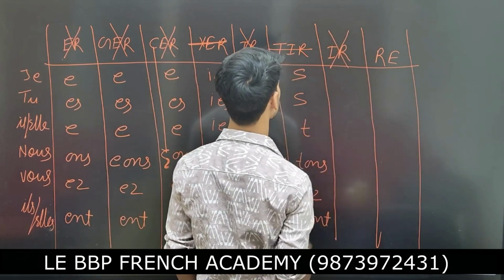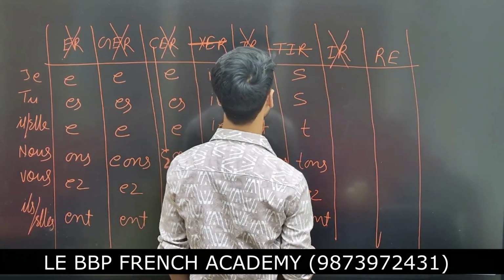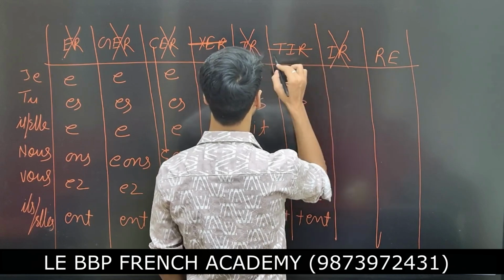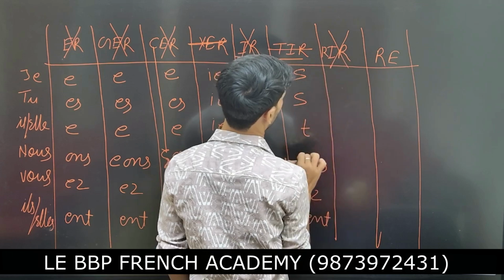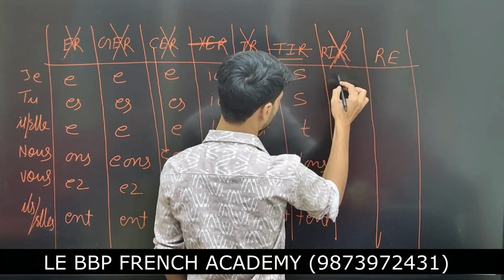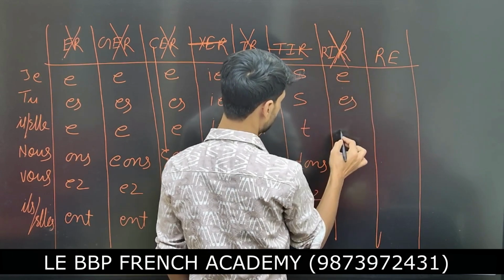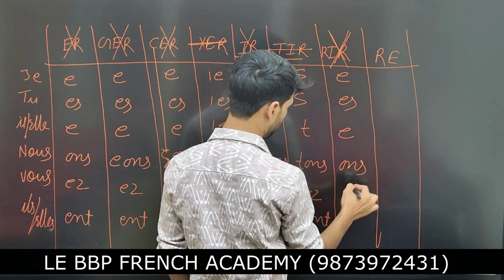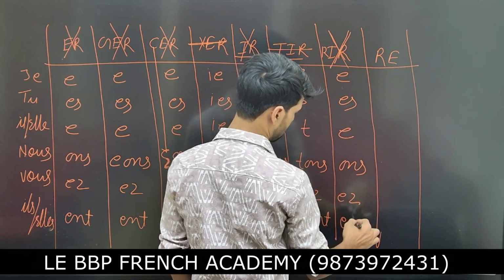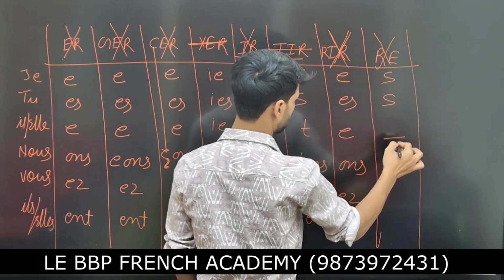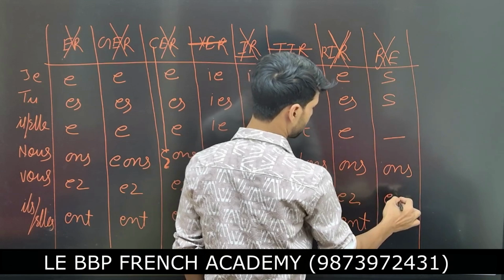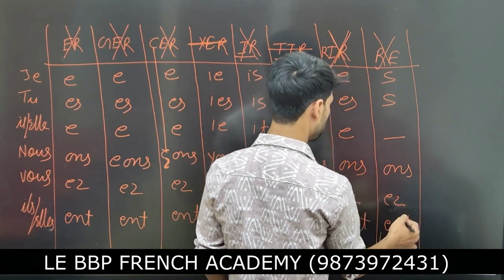For rir, it is simple too: cut the ir, then you put er endings: e, es, e, eons, ez, ent. For re, cut the re, then s, s, nothing, ons, ez, and ent.